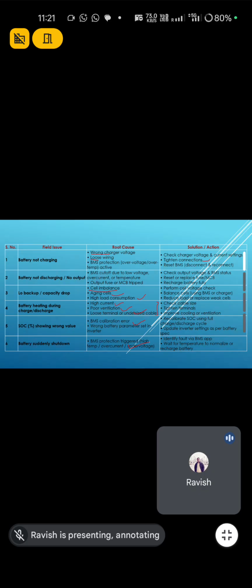If there is a high temperature, then it also shuts down the discharging MOSFET, and your battery will shut down. And for under voltage, if there is not proper voltage in your battery, then your battery will suddenly shut down. Then you have to check these points.